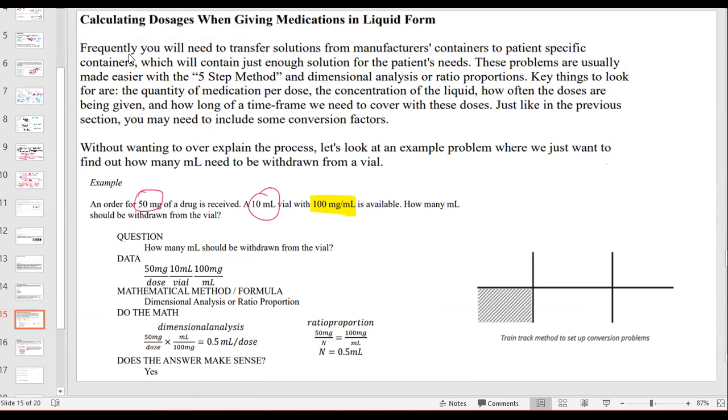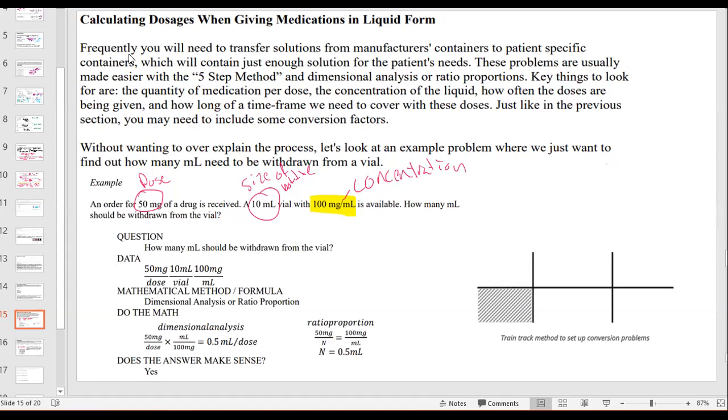That's the data my problem gave me: my dose, size of bottle, and my concentration. With that, I can pretty much solve any problem they give me.